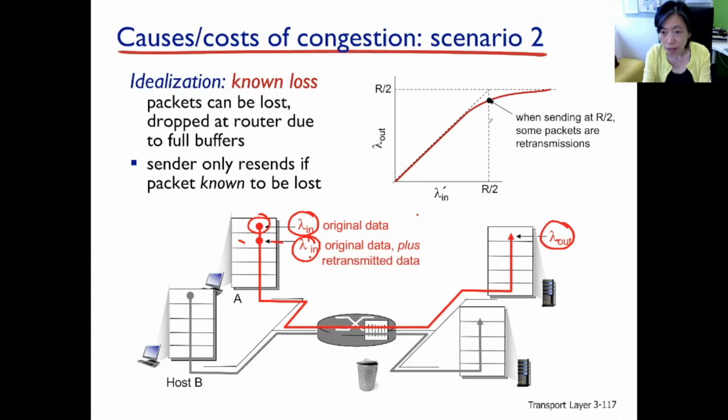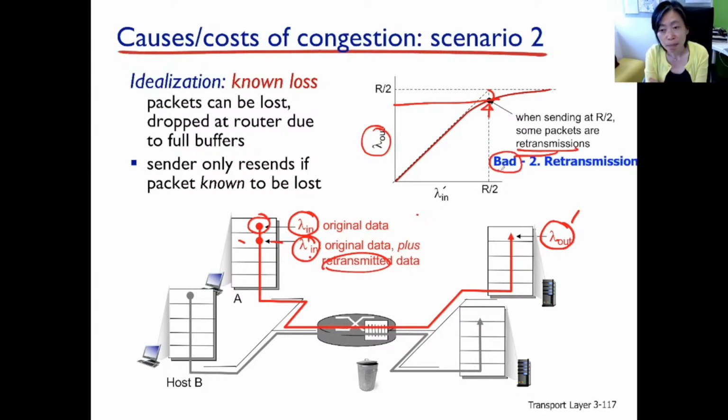So in the end, even though lambda in reaches its capacity, half of R, we don't get exactly half of R out here, because some of this half of R is going to be used for retransmission. So this margin here, unfortunately, is used for retransmission. So the actual amount of data coming out is less than half of R. And you see here the bad thing, number 2: we have retransmissions when there is congestion.